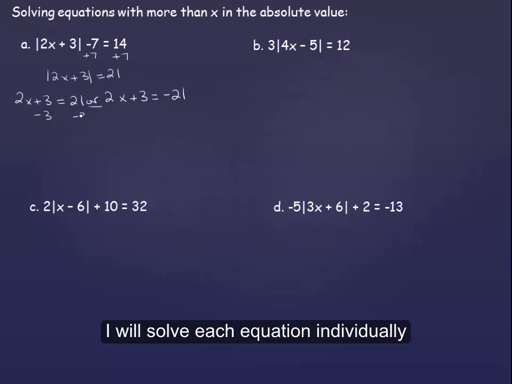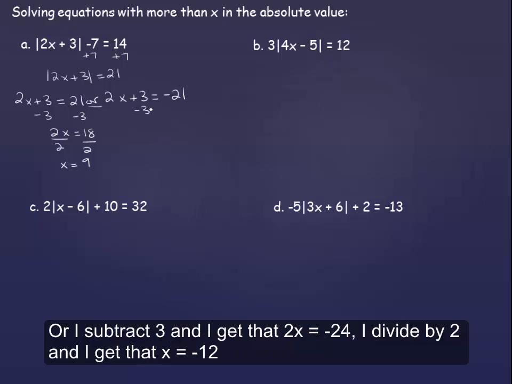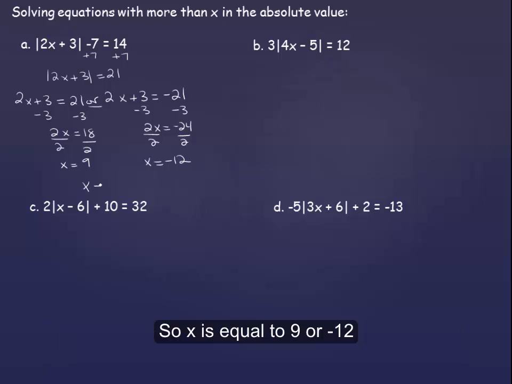I will solve each equation individually. So I subtract 3 and I get 2x equals 18. I divide by 2 and I get that x equals 9. Or I subtract 3 and I get that 2x is equal to negative 24. I divide by 2 and then I get x is equal to negative 12. So x is equal to 9 or negative 12.